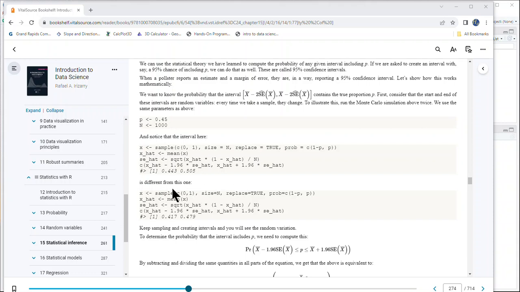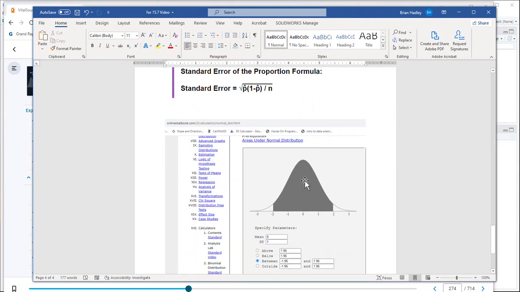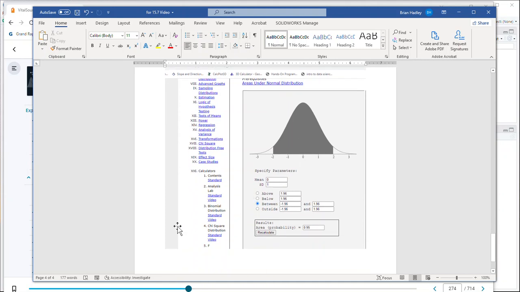The second part to remember is, what is this 1.96? So the 1.96 is the upper and lower end of our estimate: the lower end is our estimate minus 1.96 times the error, and our upper end is our estimate plus 1.96 times this error. That gives us our confidence interval. So this 1.96 number comes from the normal distribution.